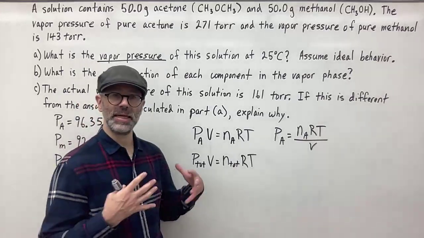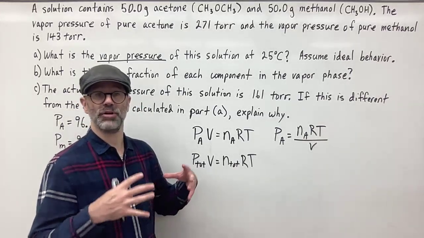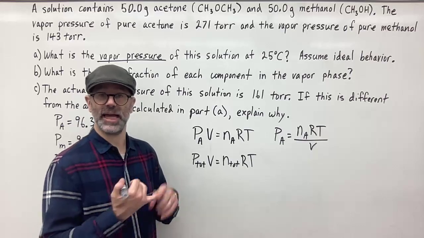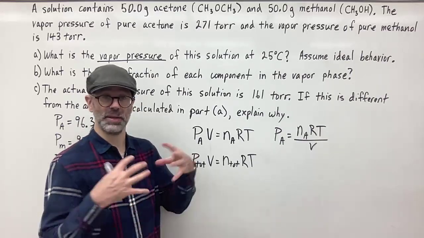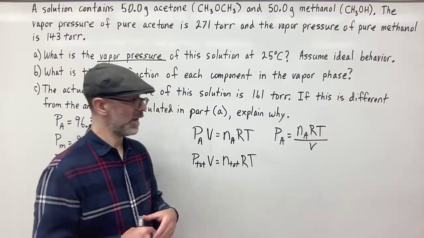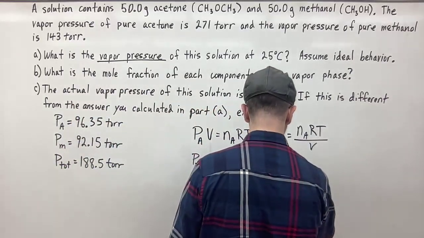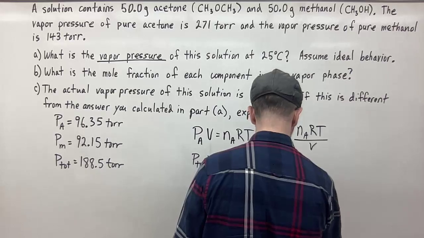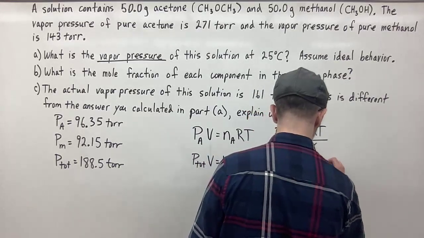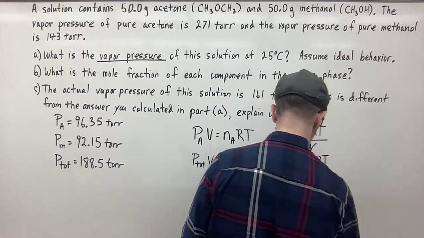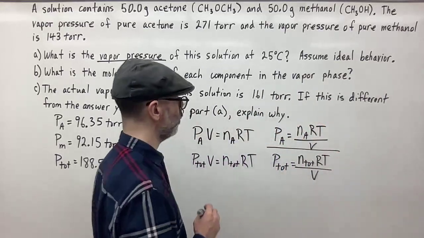Since we're talking about a mixture of gases, all of the individual gases are going to have the same volume because they're in the same container, the same temperature because they're mixed together, and of course R is the same. So if we solve for the total pressure, that's going to be equal to the total moles times RT over V.